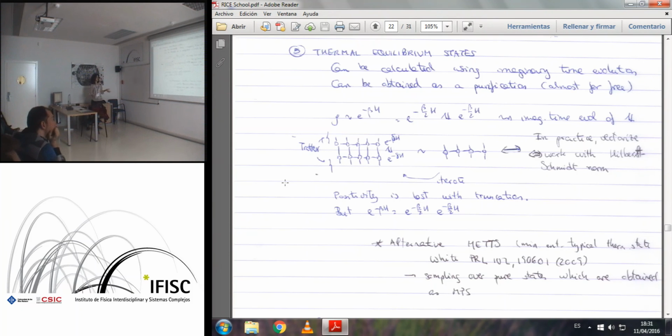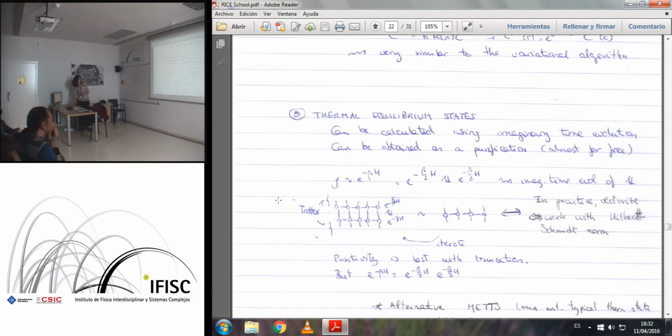How do you compute thermal states? Well, the one-dimensional picture is that your thermal state, the Gibbs ensemble, is just the exponential of the Hamiltonian with some real coefficient, which is the inverse temperature. But this looks very much like imaginary time evolution acting on an operator, which is the identity. We just split it in two parts. I mean, we could also say it's an operator acting on the identity.